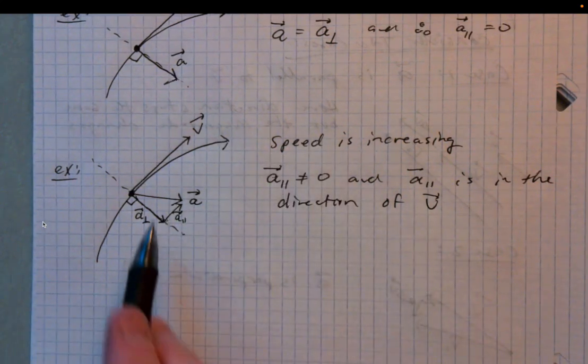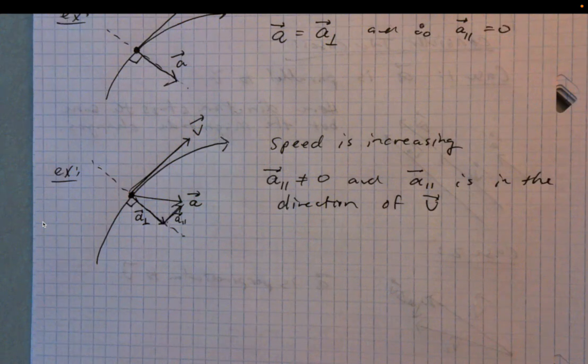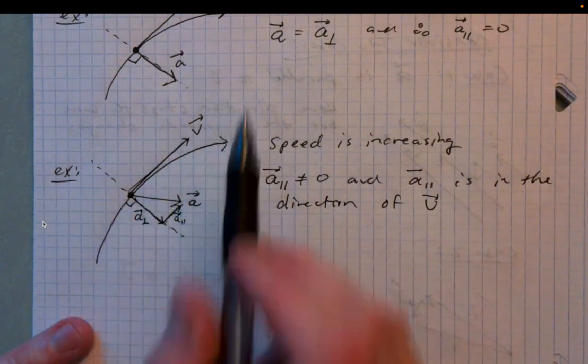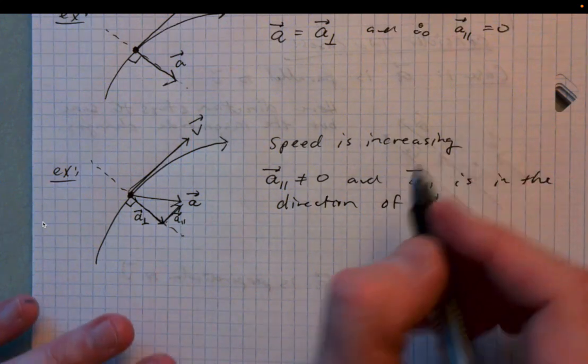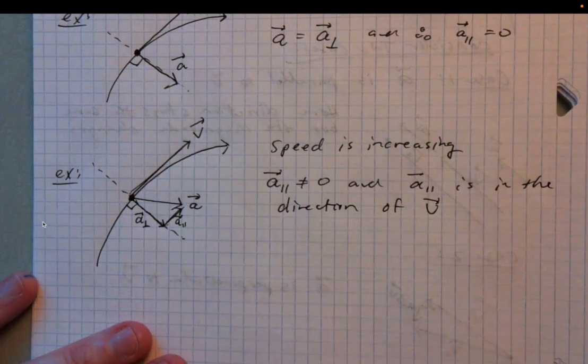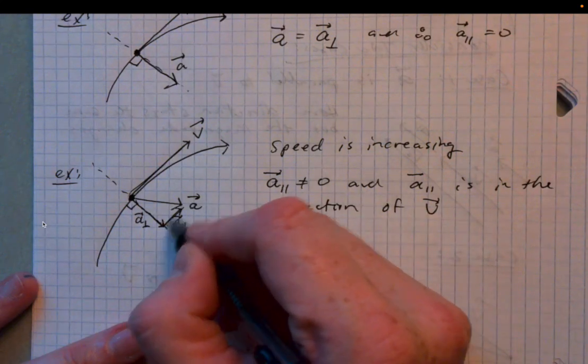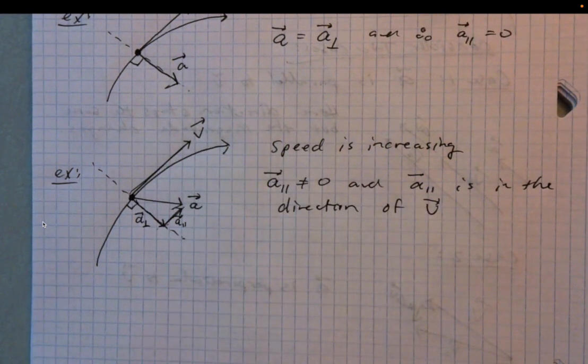Which is in the direction of velocity. Here's velocity, here's A parallel. So A parallel is in the direction of the velocity, and so whenever you're accelerating in the direction of velocity, that means you're speeding up, right? So I have some piece of this acceleration that's in the direction of the velocity, therefore this particle is increasing in speed.